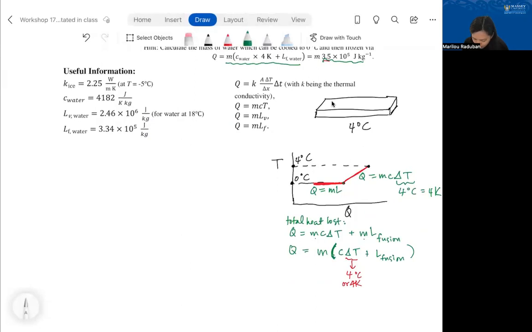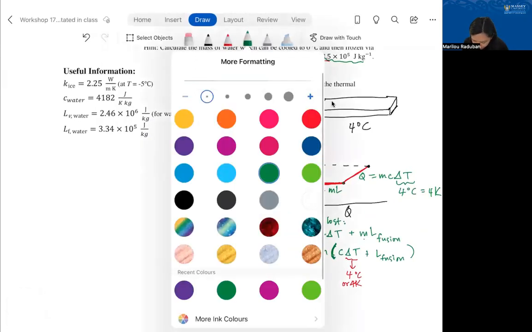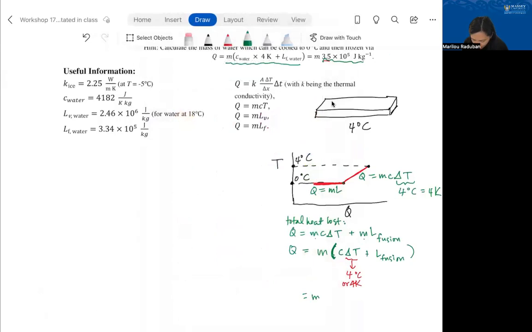C is given here as 4182, times 4, the change in temperature, plus the latent heat of fusion, also given, 3.34 times 10 to the 5.